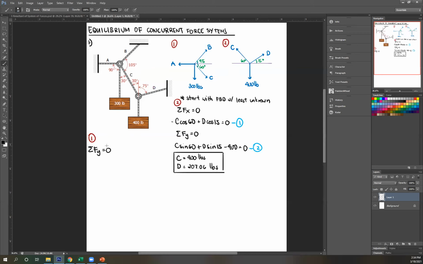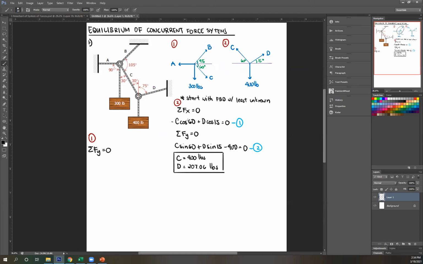Again, you can start with summation of forces X. That doesn't matter. You can just move on to Fy next when you don't have anything to solve for X, and then go back to summation of forces X to complete your solution. But again, to shorten your solution, I'm going to choose summation of forces Y first.